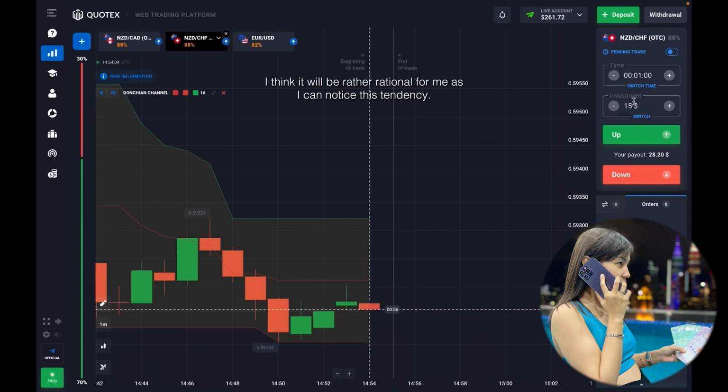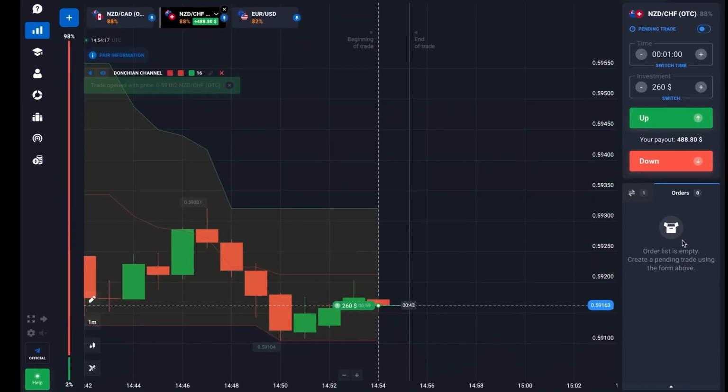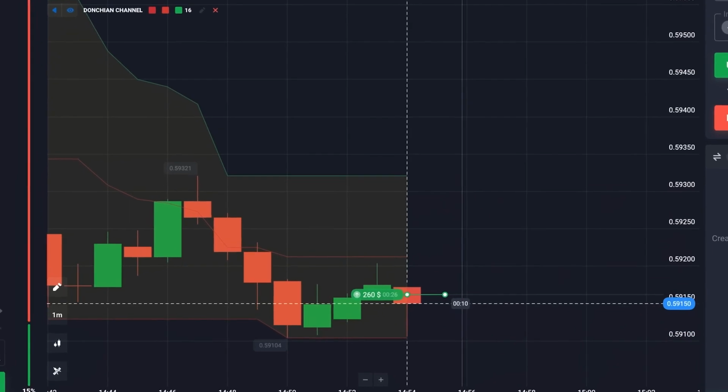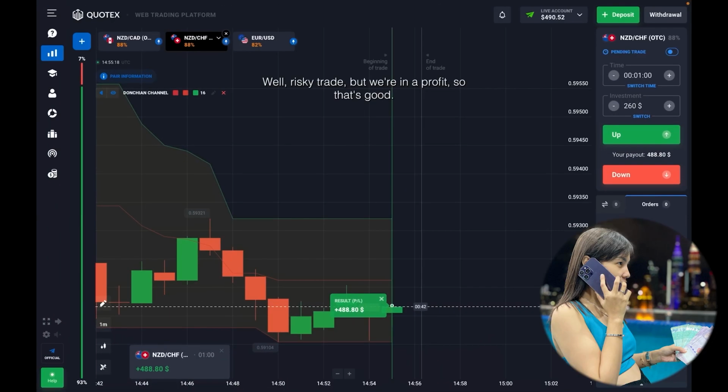I think it will be rather rational for me, as I can notice this tendency. So guys, be ready for call option right now. Very risky trade, but we're in a profit.